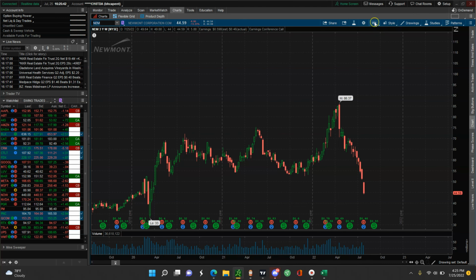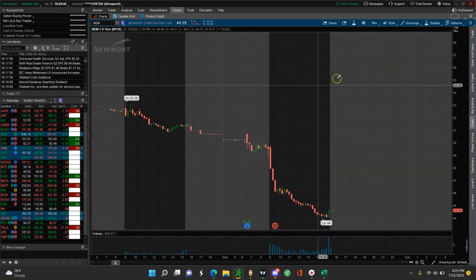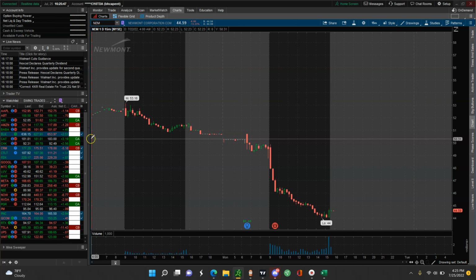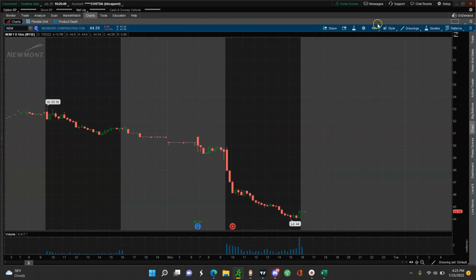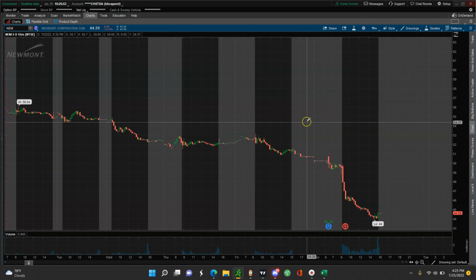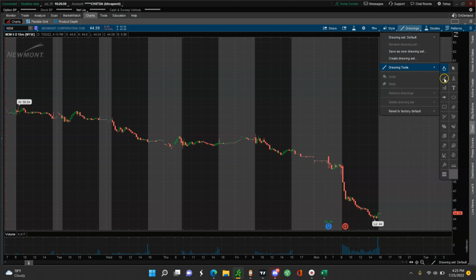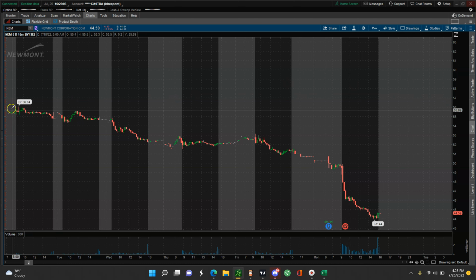All right, so let's look at a 15-minute chart for this one. Let's do 15 minutes over 5 days or so. What you can see here on this 15-minute chart is that this one's been kind of trading in a range, right?